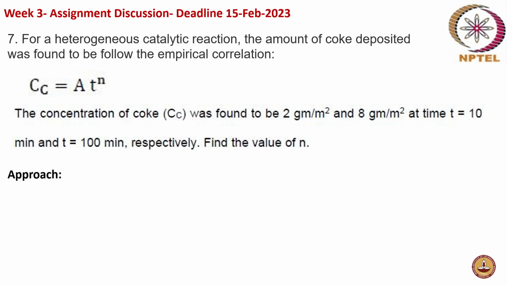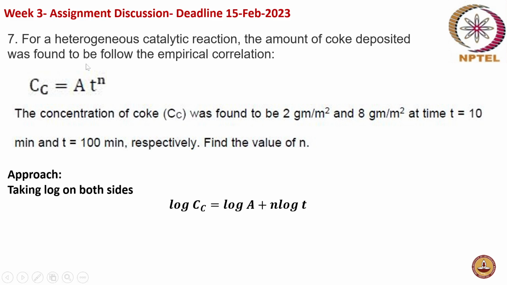Here again, what you have to do is try to linearize this expression. When you take log on both sides, log Cc is equal to log A plus n into log t, because on the right hand side, log of m into n is nothing but log of m plus log of n, your basic logarithmic rules.